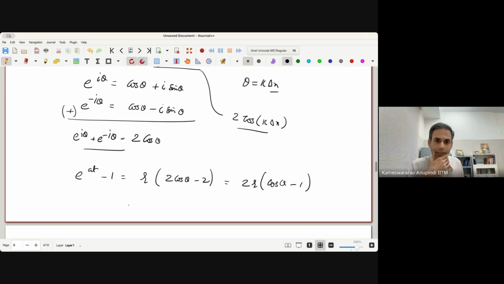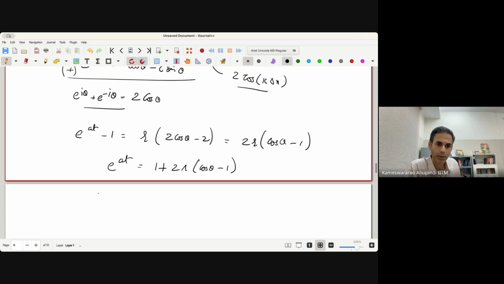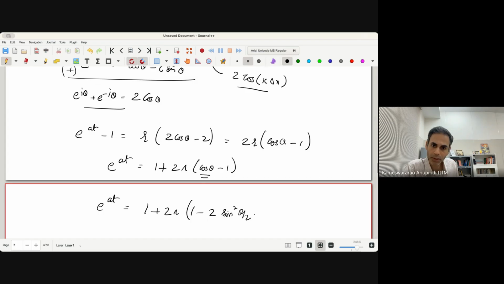Let me simplify this further so that we can find something from here. This is e to the power at equals 1 plus 2r times cos theta minus 1. Then 1 plus 2r times cos theta can be written as 1 minus 2 sine square theta by 2.